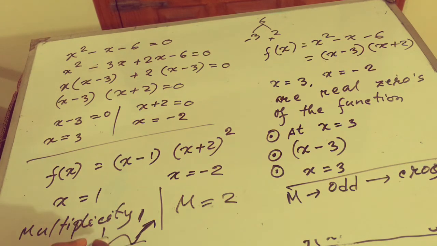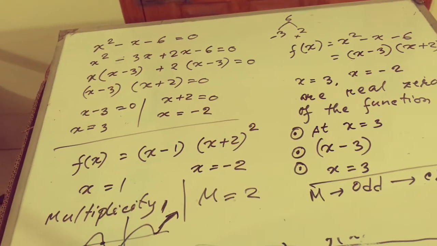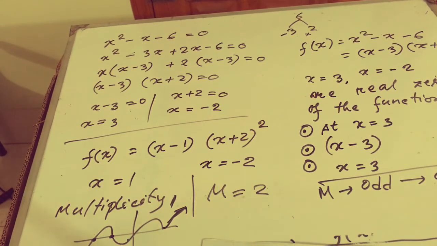Here also the graph crossed the x-axis, but at this point the graph only touched it. Can you see this? So at this point the graph crossed it, this graph crossed it, and then this graph just touched here only. So basically we can see two kinds of situation: the graph can cross or the graph can touch.